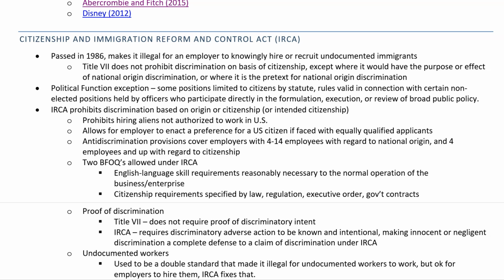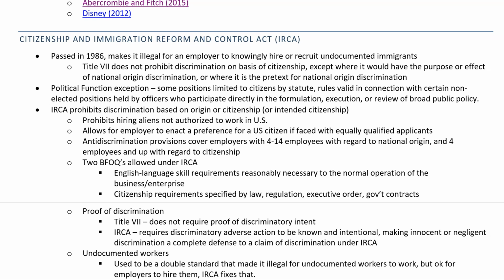Some positions in the United States will be limited to United States citizens by statute. Rules are valid in connection with certain non-elected positions held by officers who participate directly in the formulation, execution, or review of broad public policy. So some of these positions might be limited by statute to citizens of the United States.